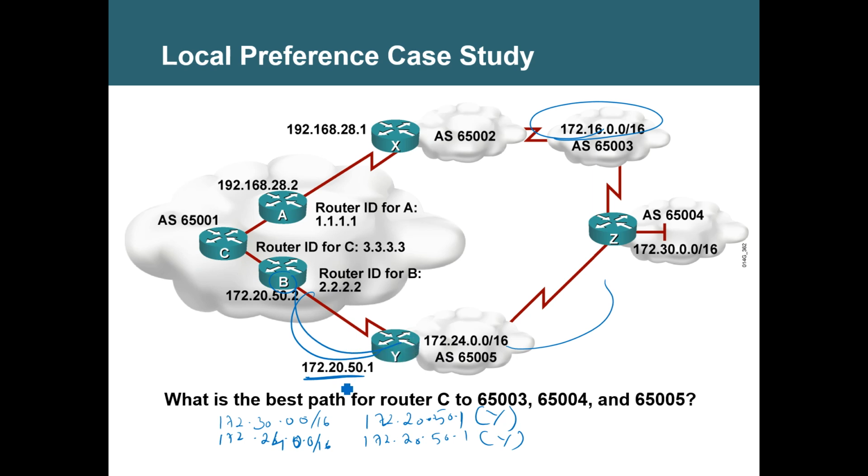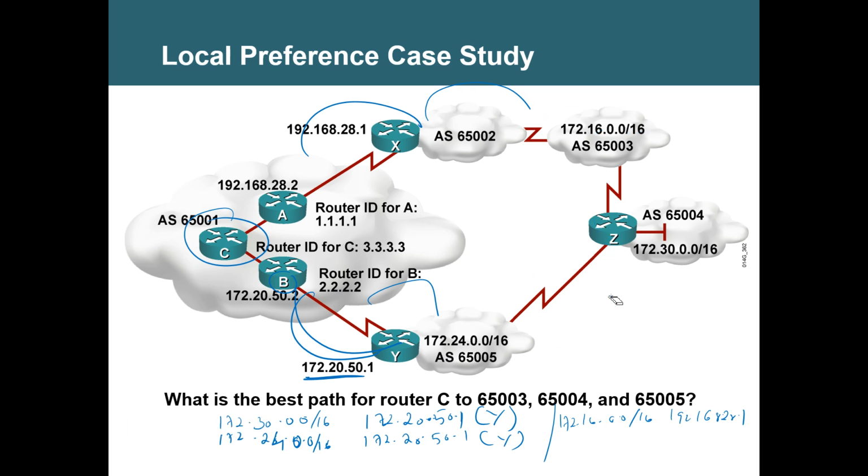Now I'm asking, 170 to 16.1600, what will be the next hop from router C? 192.168.28.1, exactly, because that way it is only two hops. The other way is one, two and three hops. Fine. Now you all did a good job.